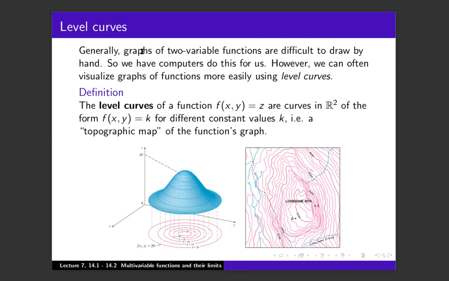So look at this figure, this sort of sombrero-looking thing on the left-hand side. And you notice that along each of these curves, or along each of these horizontal slices through this graph, that projects down to a different curve in the xy plane. The same thing is going on in a topographic map on the right.